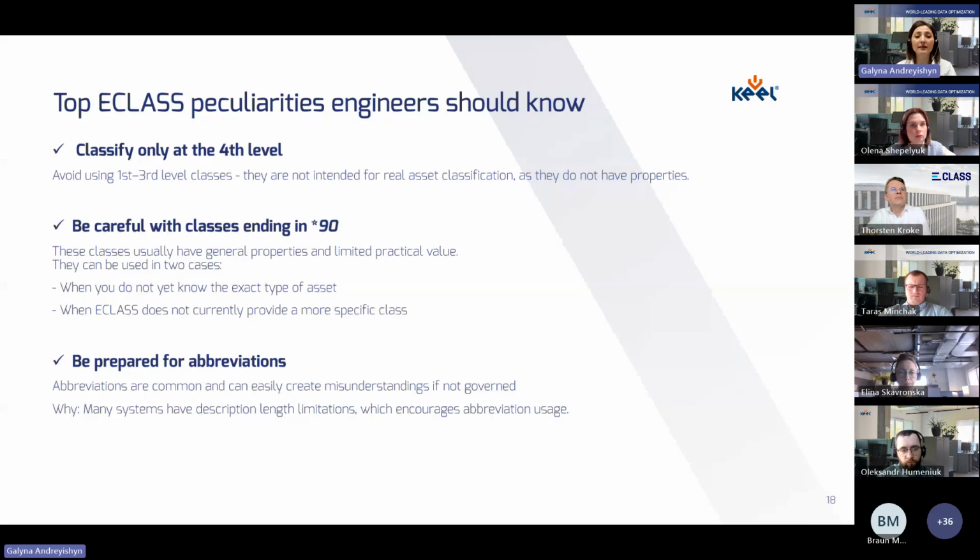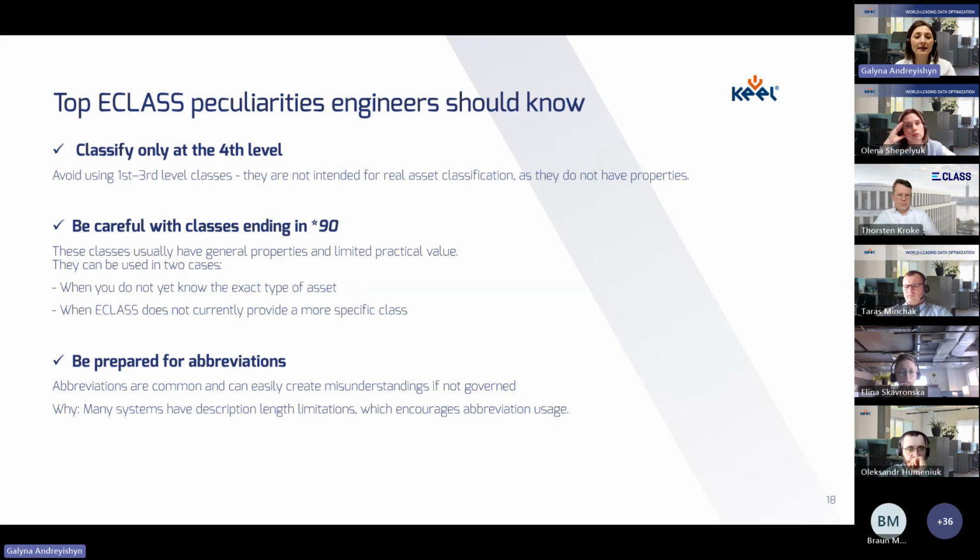The second one is closely related to the first point. Be careful with classes ending in 90. These are typically generic classes with limited practical value. They can be used in certain cases, for example, when the exact asset type is not yet known or when no specific class currently exists.